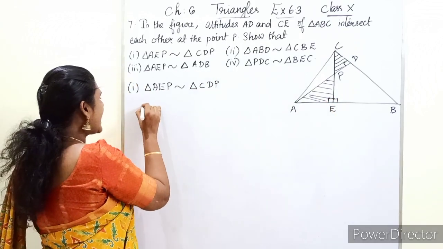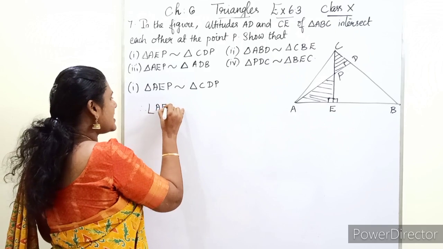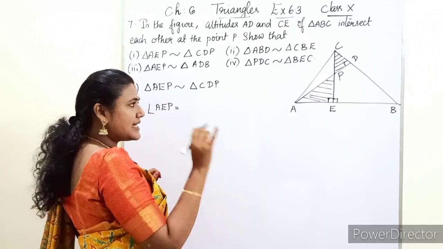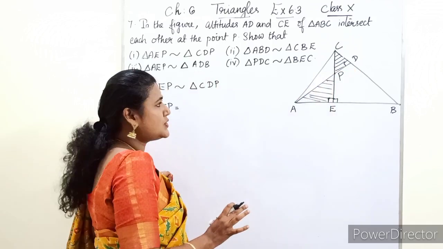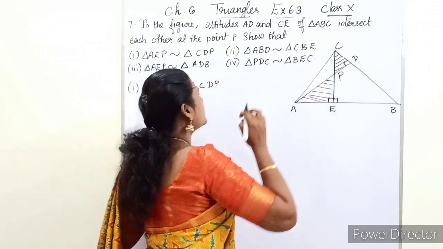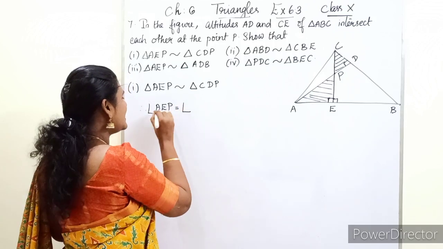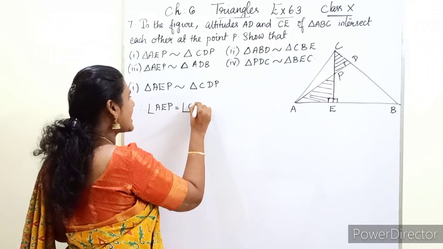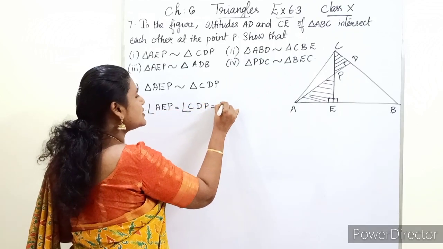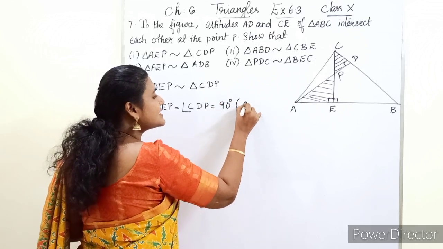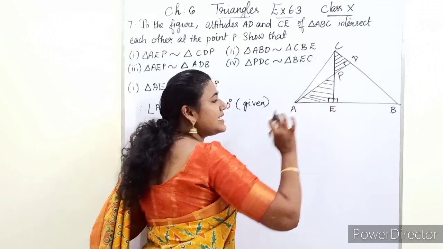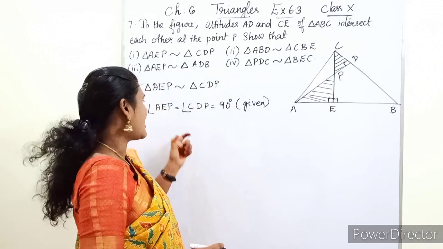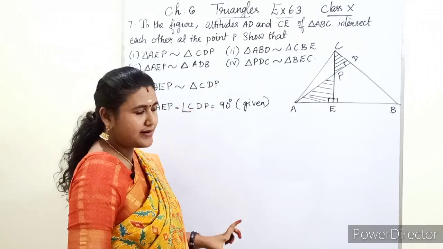So we will get angle AEP is 90 degrees, and similarly AD is also an altitude. So this angle is also 90 degrees. So we can write angle AEP and angle CDP is equal to 90 degrees. This is given in the question because AD and CE are the altitudes of the triangle.